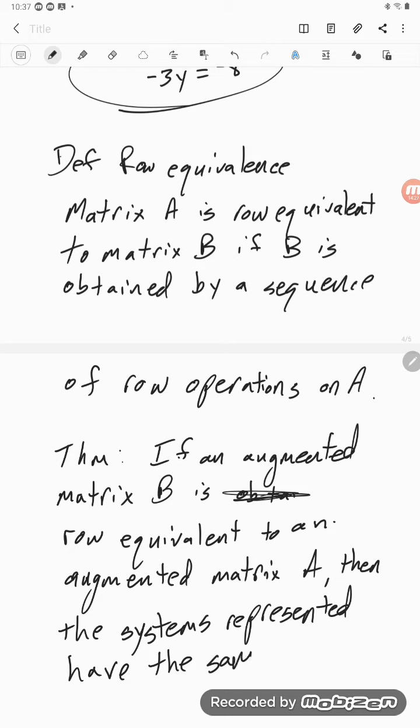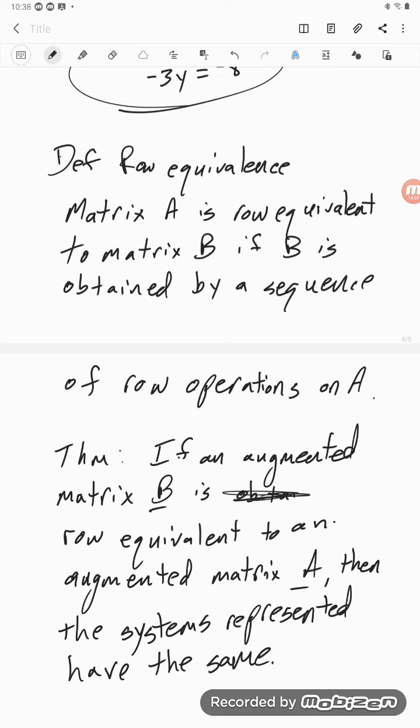That's the key here: if we do these elementary row operations and start with some augmented matrix A and end up with an augmented matrix B that's maybe in reduced row echelon form, where we can read the answer off very easily, what we know is the two share the same solution.